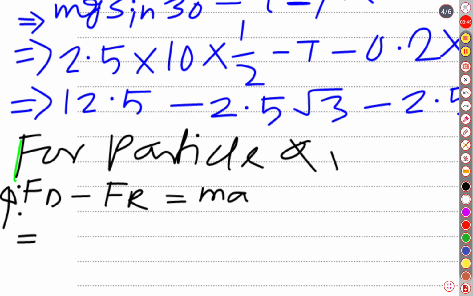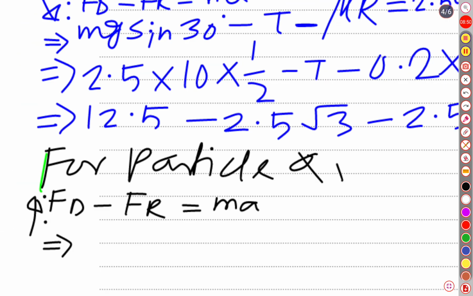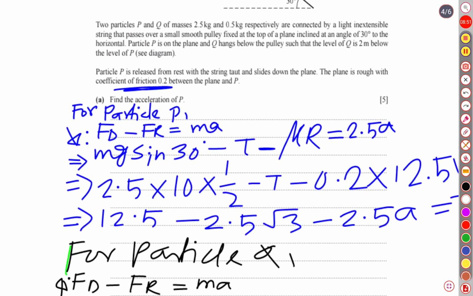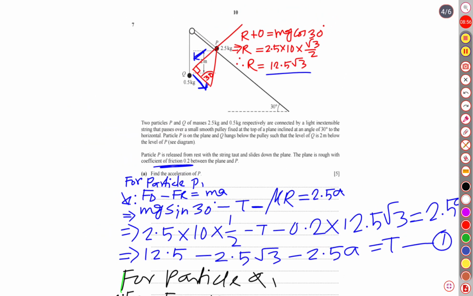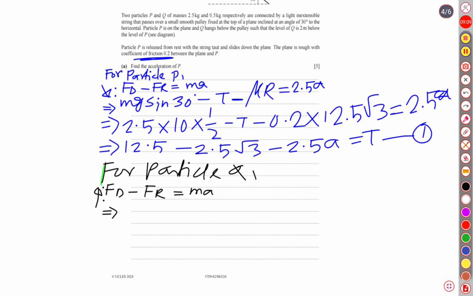So driving force for particle Q, let's see what is causing it moving onwards. Actually particle Q is hanging just below the pulley, and due to this tension, due to this sliding down of P, Q is just moving up. So driving force for Q is nothing but the tension in the string. So tension is the driving force minus resistance force.